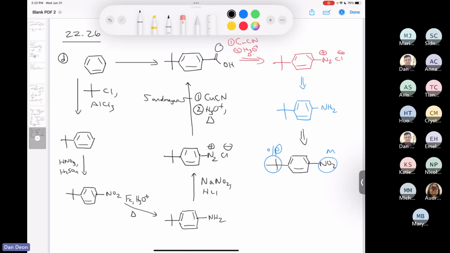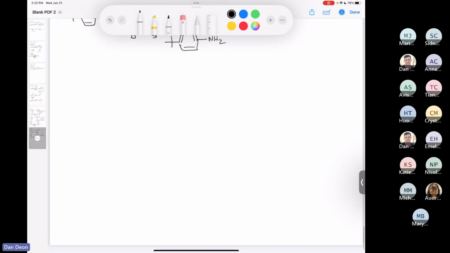Because I would say there's another way. There's certainly another way to do that, and that would be to start with tert-butylbenzene and brominate it. Just use bromine and iron(III) bromide, and that would make the para-tert-butyl bromobenzene, this compound here.